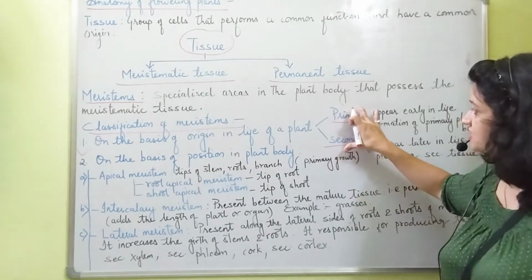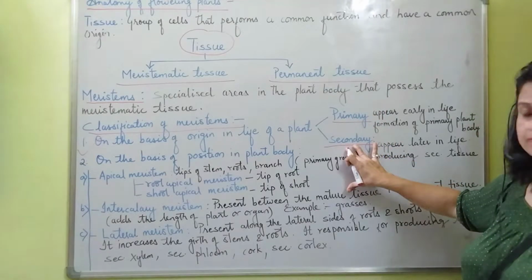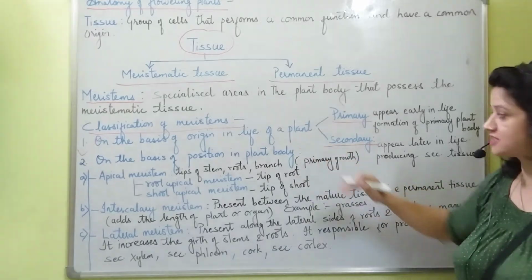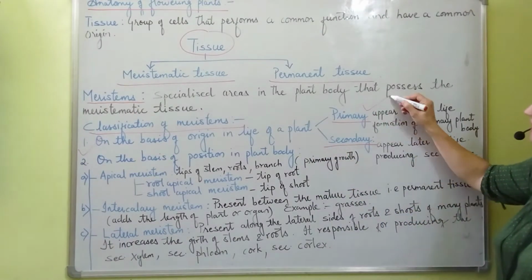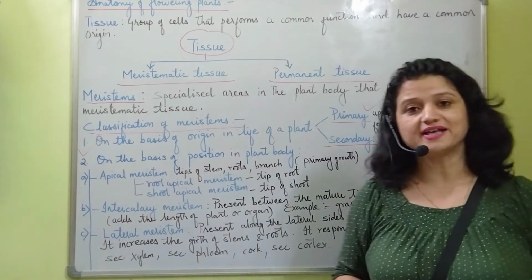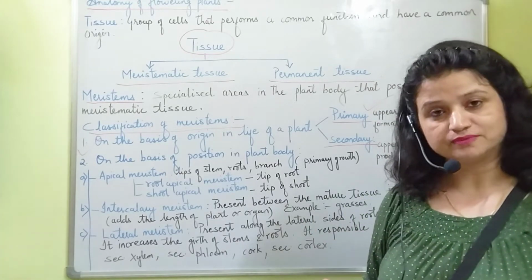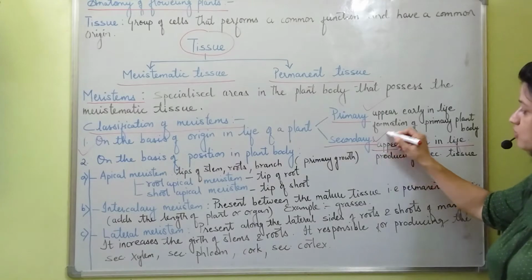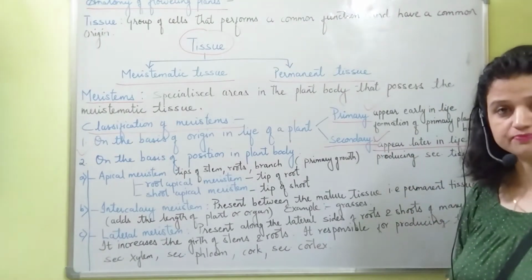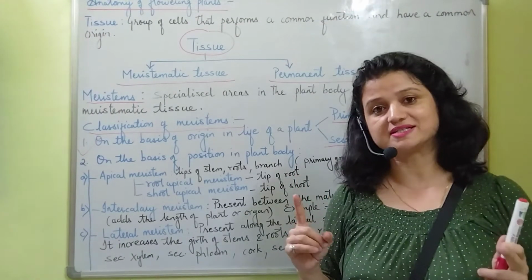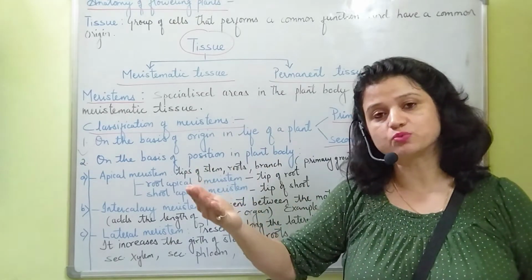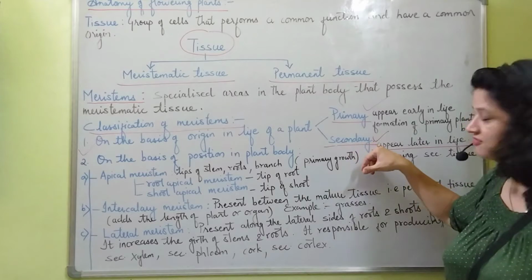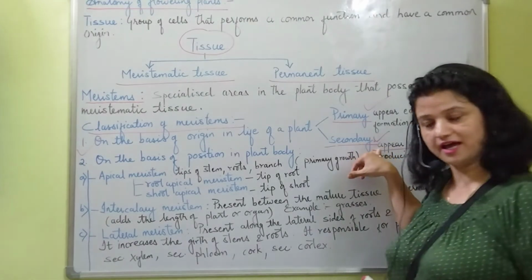If it appears early in life, it will be called primary meristem. But if it appears later in life, it will be called secondary meristem.